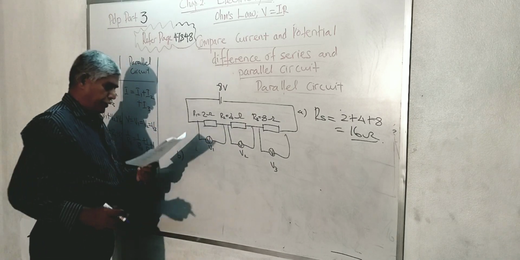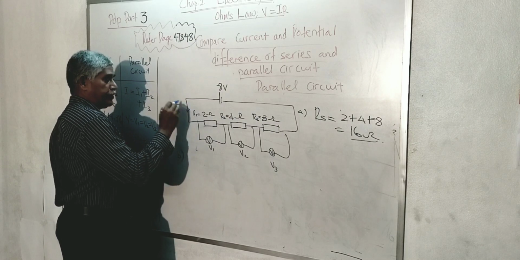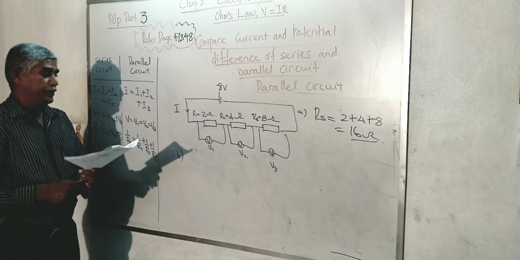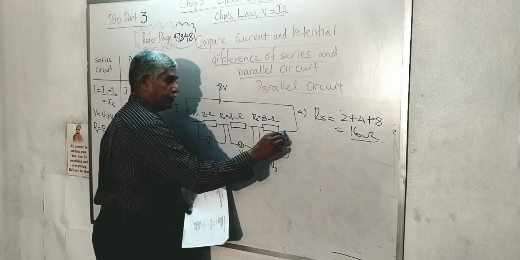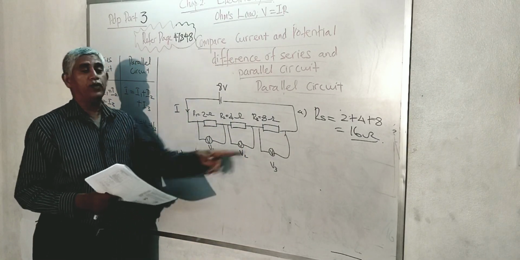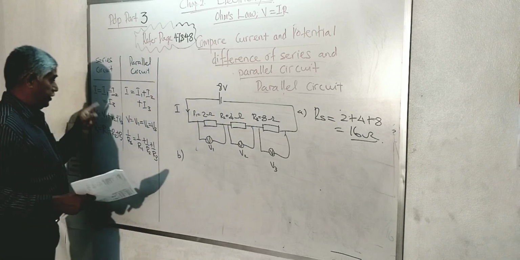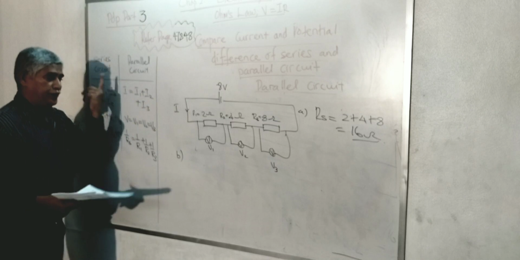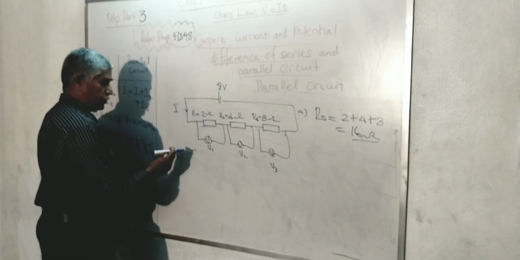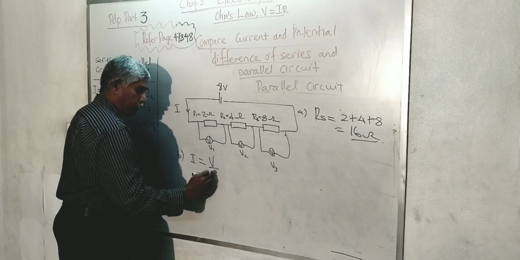Now question B asks to find the current in the circuit. That means the main current. As you know, the current in series, no matter where, is the same. So this current I is for the whole circuit. We just find the total current, which is total voltage over total resistance.